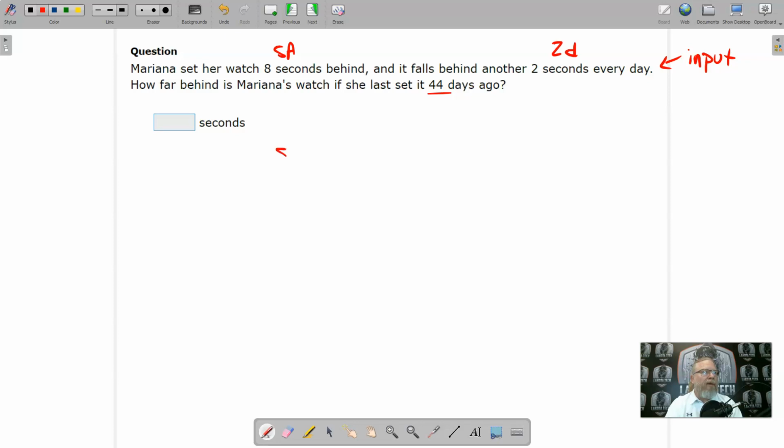So the number of seconds that the watch is behind is a function of how many days it's been since she set it. Our rate is 2 seconds per day, and we have a starting amount of 8. They give us the number of days, so this is an input, right? And our output is seconds, right?